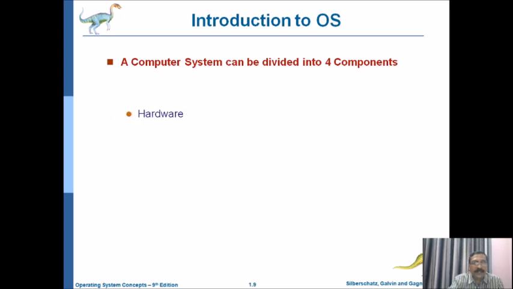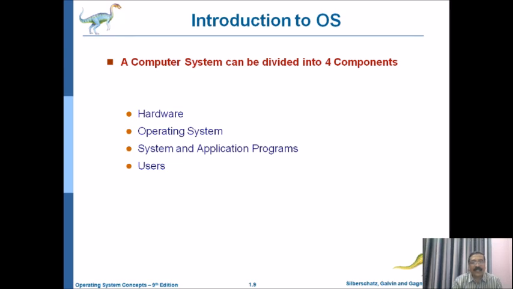Naturally, the first component is hardware. Next one coming is operating system. Third one is system and application programs. Fourth one is user. So we can call a computer system a combination of hardware, operating system, system and application programs, and user.